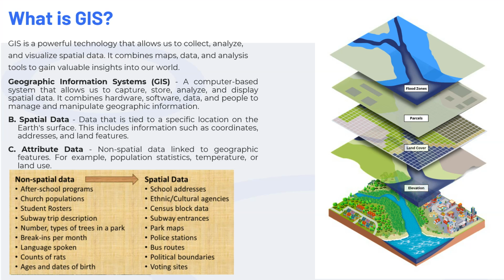To give some examples: spatial data is the location of a school, a building, a park, or any tourist spot and site. And non-spatial data is the number of tourists visiting a particular place, and the number of trains and buses leaving from here to other cities. Those are the non-spatial data.